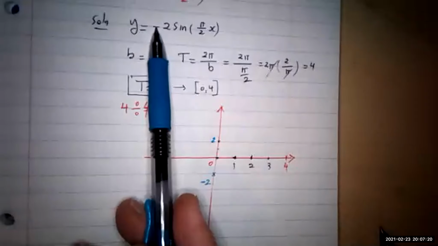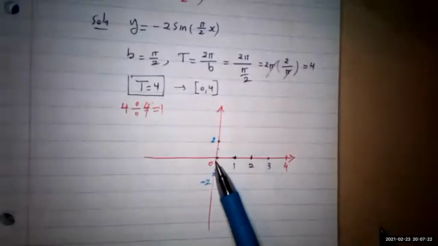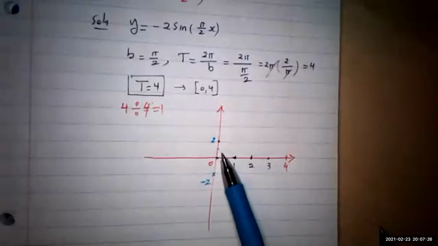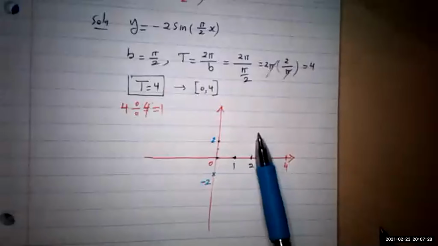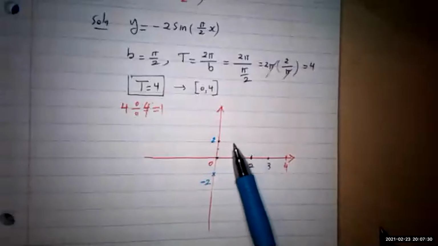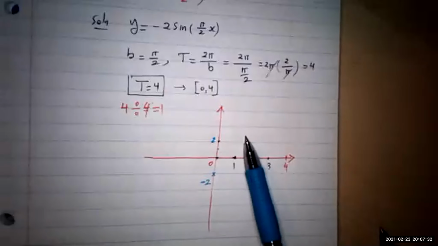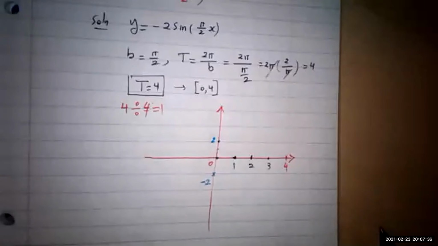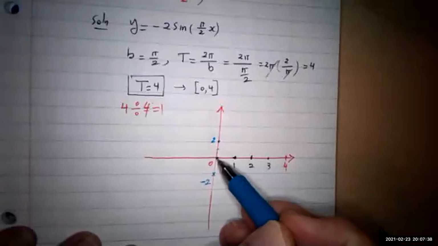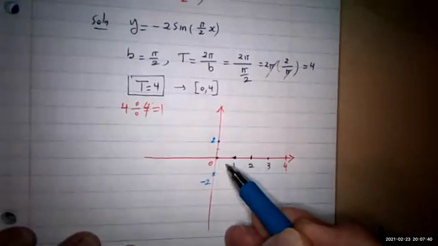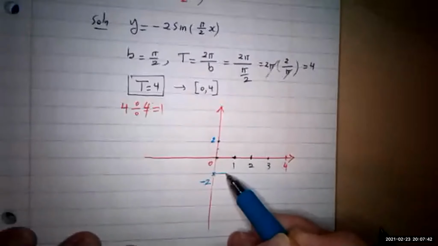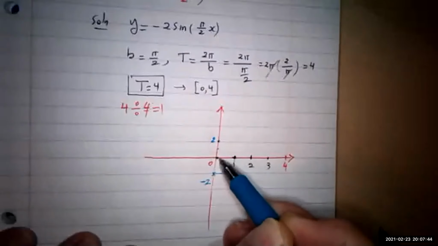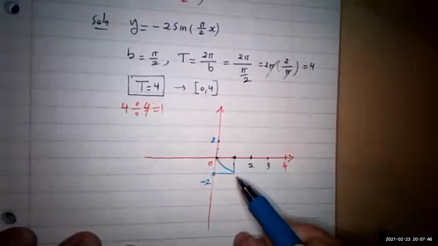So when it's a negative, you are not going to go up. If it's positive, you go up to make that maximum. But when it's a negative, you have to go down. So we start from here this time, and in the first point, you are going to get a minimum.